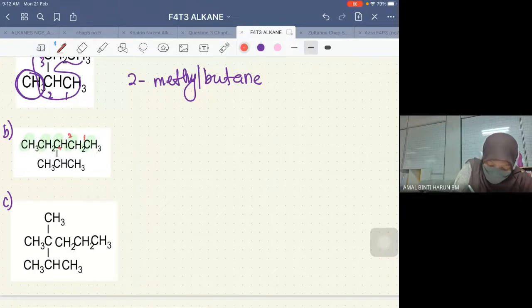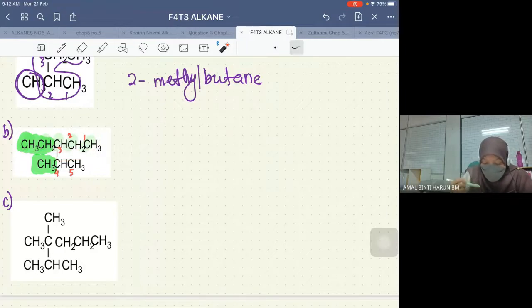1, 2, 3, 4, 5. Okay, so kalau kita ambil carbon chain yang saya highlight ni, yang saya numbering ni, you akan dapat berapa? 1 substituent, 2 substituent. Okay, so if we have 2 chains with the same length, we choose the chain that produces more substituent.